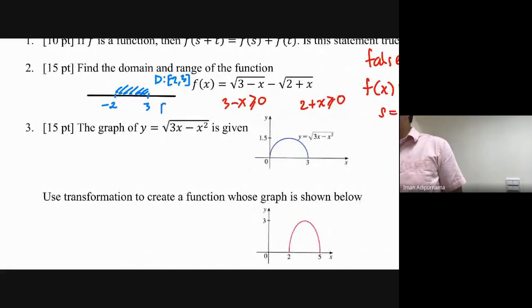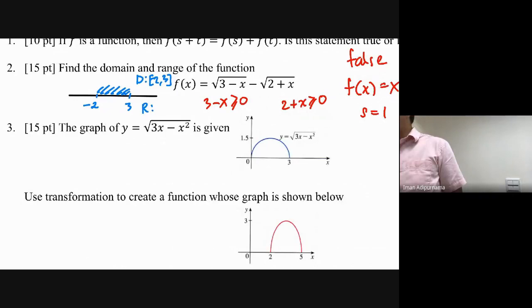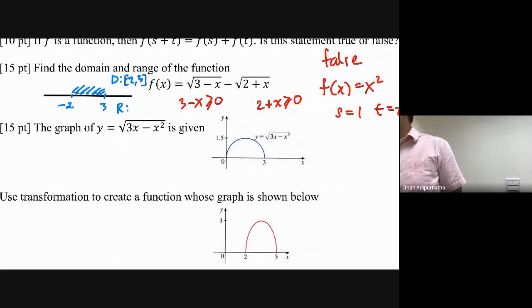And how about the range? For the range, you put your domain values back into the function. Put 3 here, so you get this, right? And then put minus 2, it's canceling.